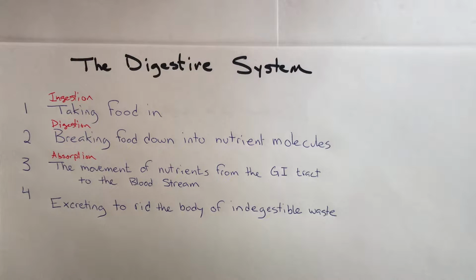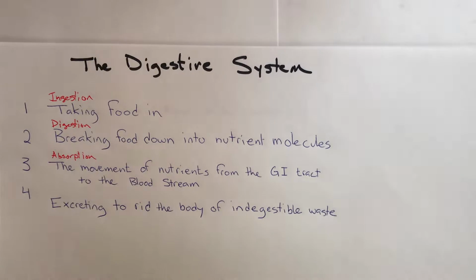Then after the food is in small enough molecules, they can be moved from the GI tract, from the stomach or the small intestine, to the bloodstream.